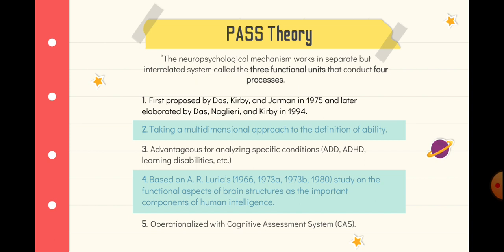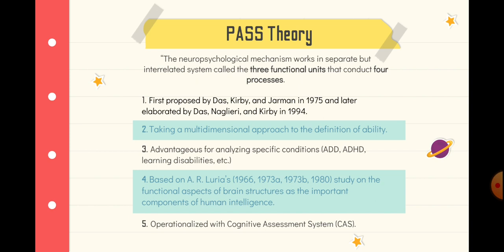So, what makes this theory different from other theories? This approach to multidimensional aspects of intelligence. In general, intelligence theory is more general, like IQ and the G factor.